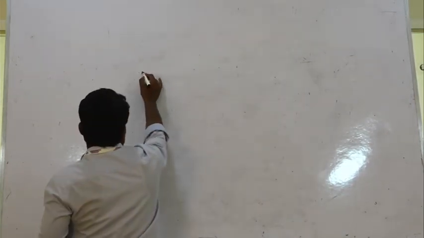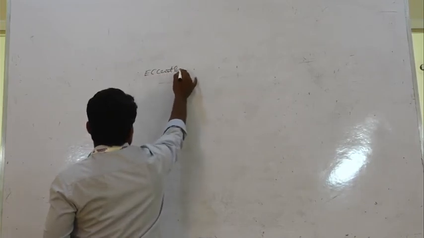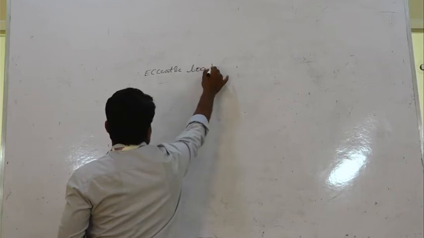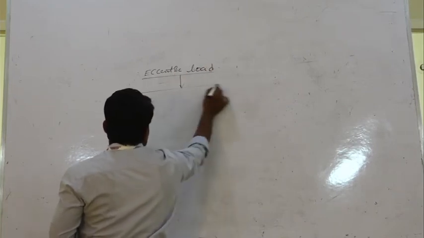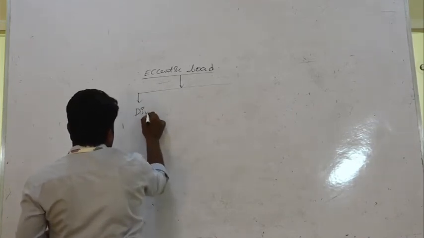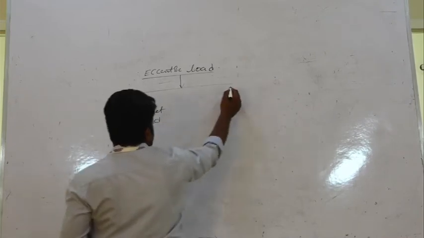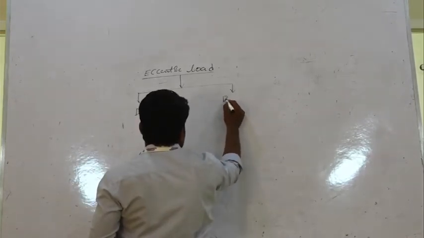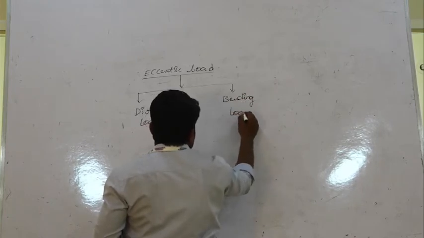That means the eccentric load causes two types of loads, direct load as well as bending load.